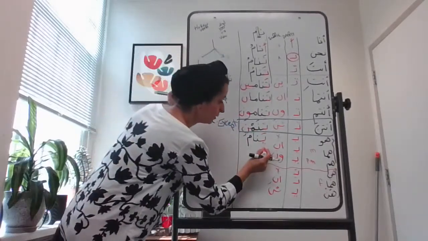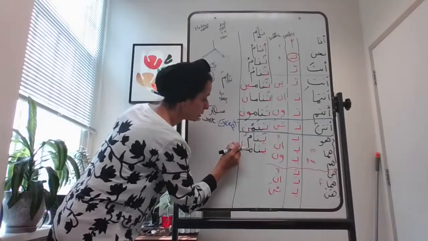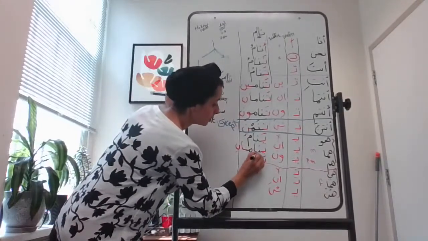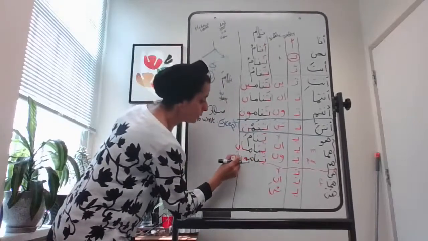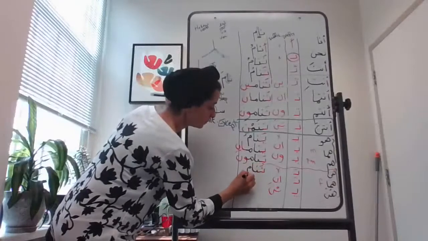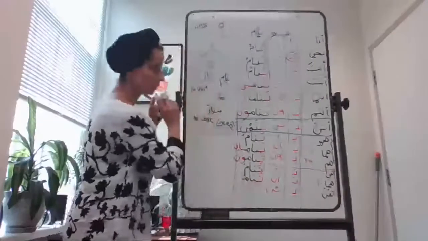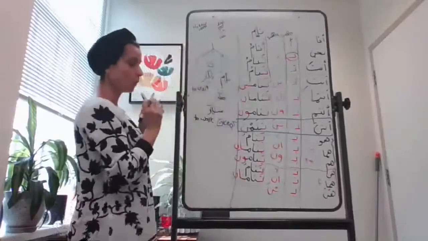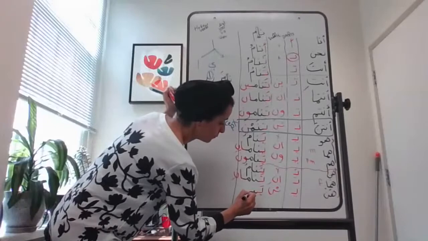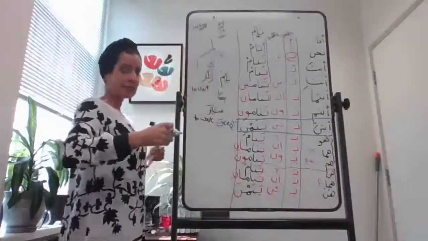Huma, two males, yanamani. وهم, ينامون. وهي, تنام. وهما feminine, تنامان. وهن, ينمن. So also with hunna, we delete the alif.